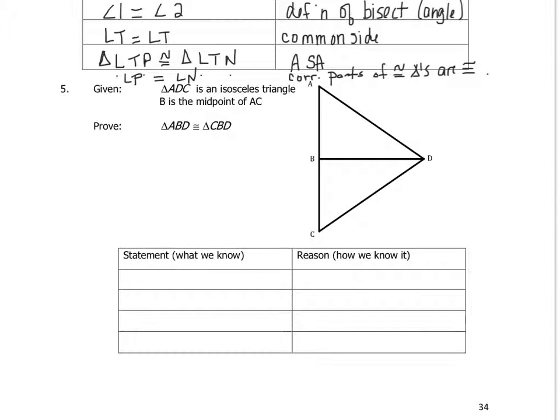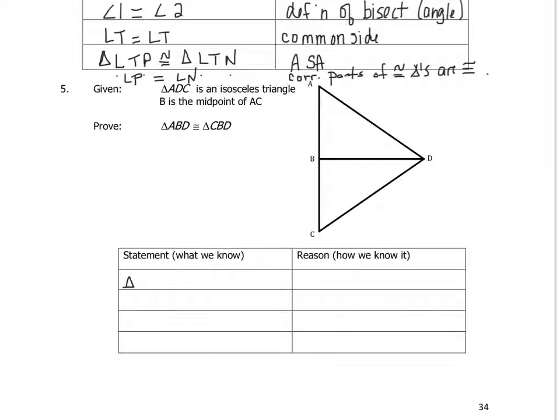Okay, so the next example given, triangle ADC is an isosceles triangle, and B is the midpoint of AC. You have to prove that ABD is congruent to CBD. So I'm going to write the given statements down again first.